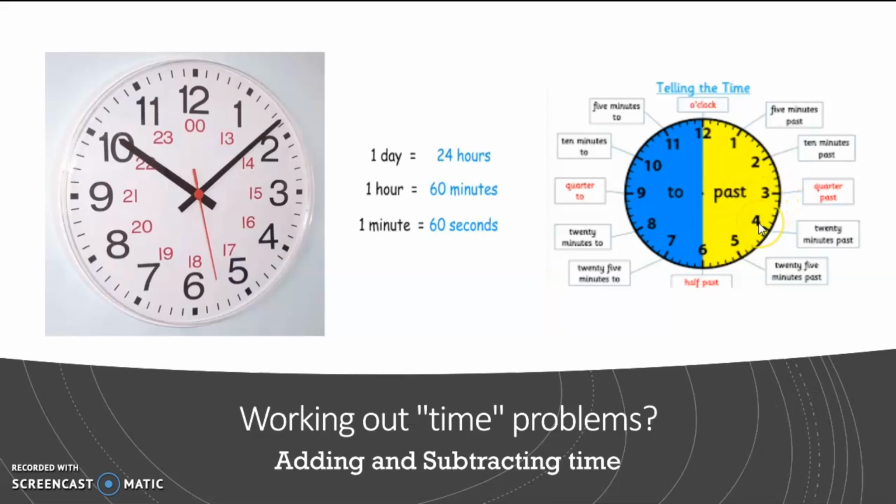We go on, that would be 20 minutes past, 25 minutes past, 30 minutes past, and when we pass the 6 mark there, we start talking about 'to', because it's becoming before the hour. So we have 25 to, because that would be 25 minutes to. When it's facing the 8, it would be 20 to, the 9 is 15 minutes to, in other words quarter to, the 10 is 10 to, and when it's at the 11, it would be 5 to the hour.